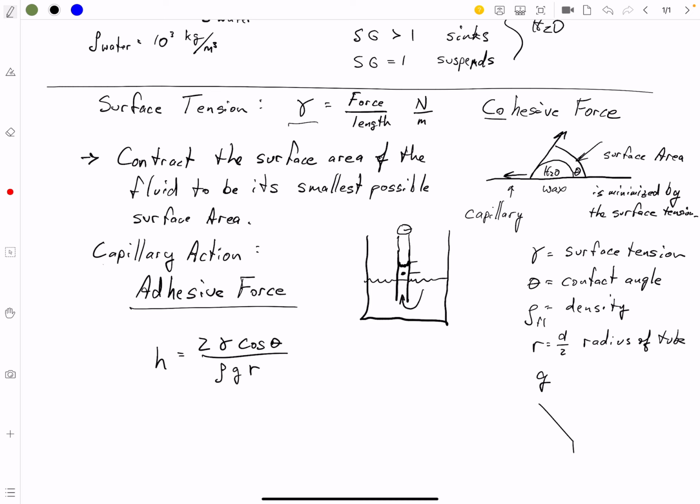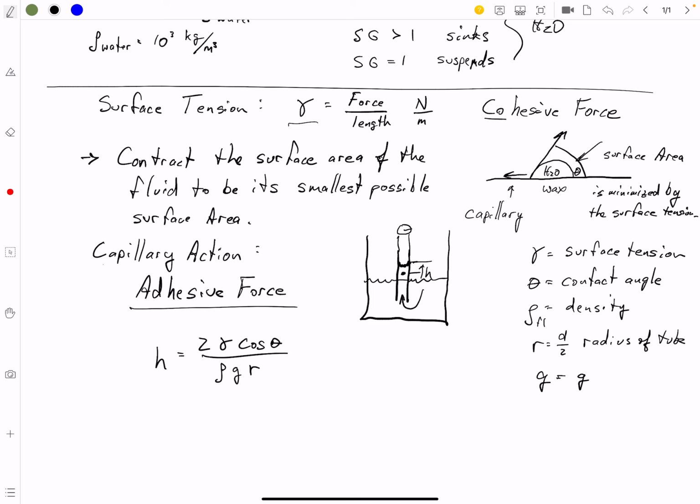Whether that height is all the way to the top or to the center of mass doesn't matter. We didn't derive it, so I'm not going to worry about whether it's halfway or the full h. We really don't care. Getting the h is all that matters. G equals g.